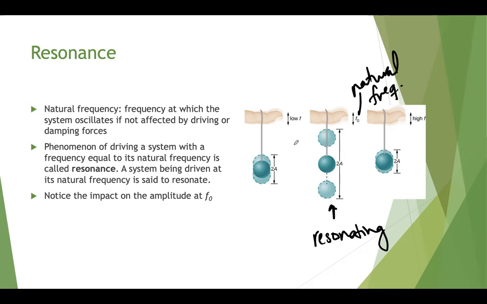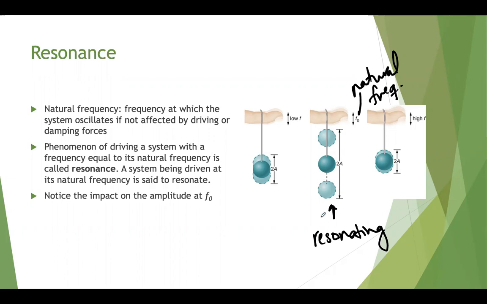And notice the change in the amplitude. If we have a low frequency with this ball attached to a person's finger, just going up and down, the ball will have some sort of maximum amplitude here. And as we get to its natural frequency, it'll begin resonating, or kind of be at its peak. That's how I think of it.